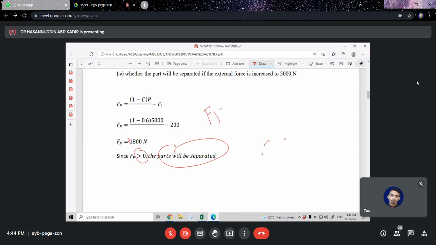FP must always be minus. There must be a minus sign here. You calculate here, then you get the minus. That means your part has still not separated. Once you get a positive, it has already separated.